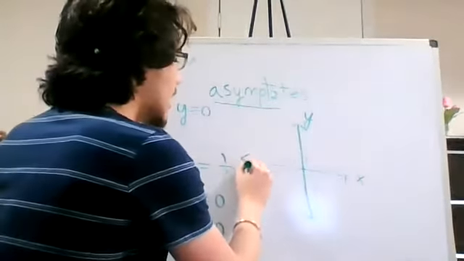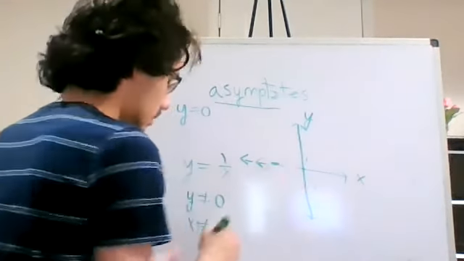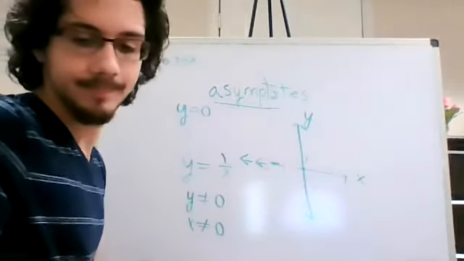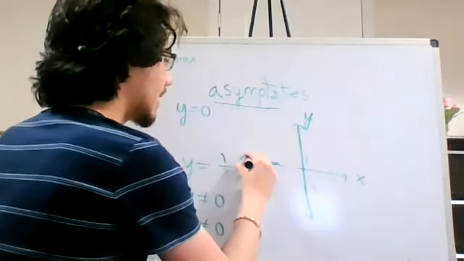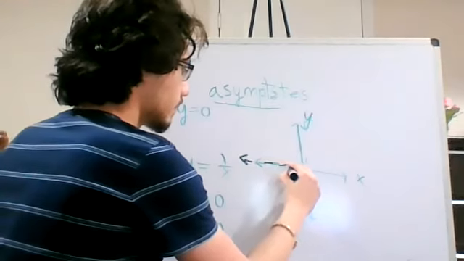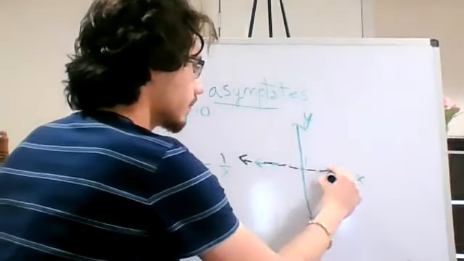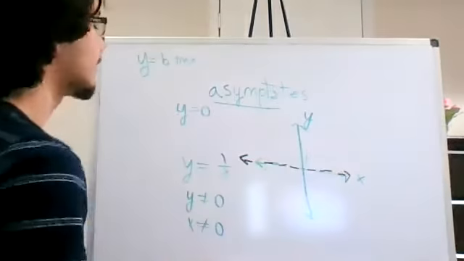So if we were to draw it, it would look like, or let me use a different marker. Y equals 0 will be this black line. So all of this.